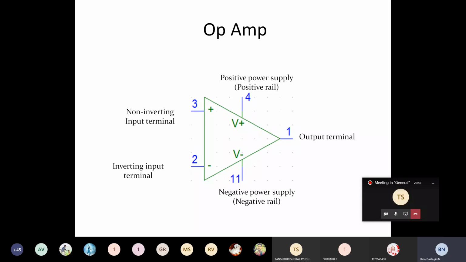This operational amplifier is available in different packages: an 8-pin DIP package, a 12-pin DIP package, and a 20-pin DIP package.